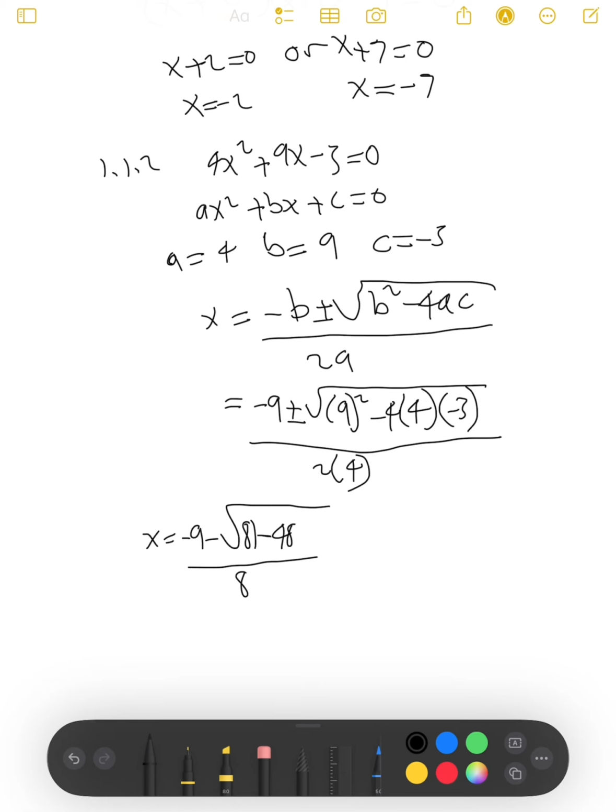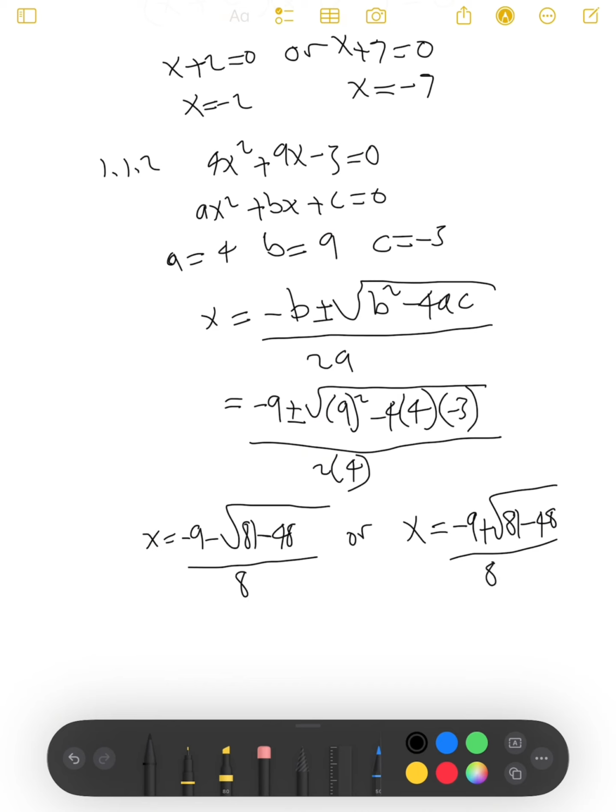The other one is our second root: our second x is equal to -9 again, but here we put a positive, and 81 plus 48, over 2a, which is 8.